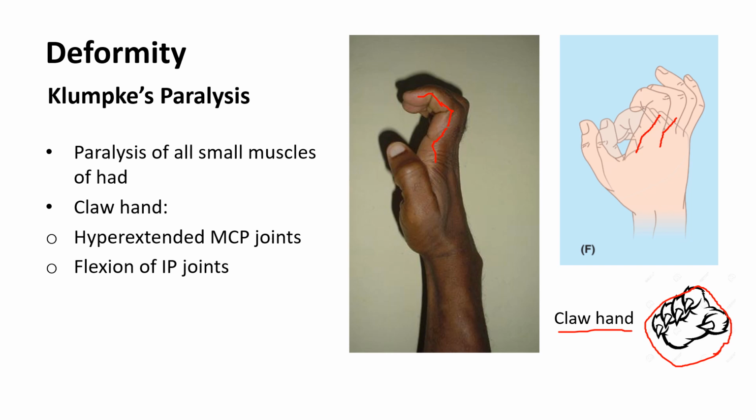These are the opposite actions of the small muscles of the hand. The next slide will explain the function of the small muscles of the hand and how the loss of this function will affect the posture and position of the hand.